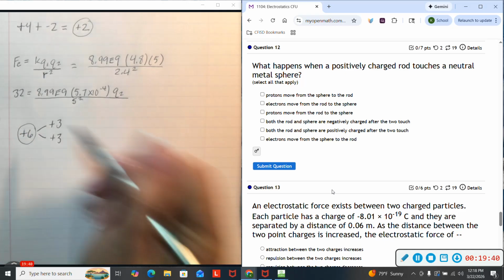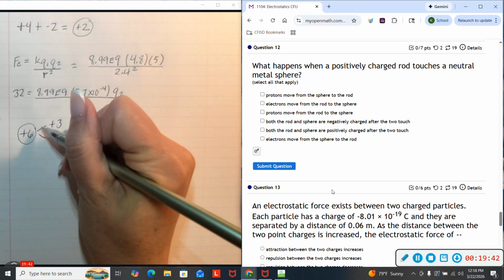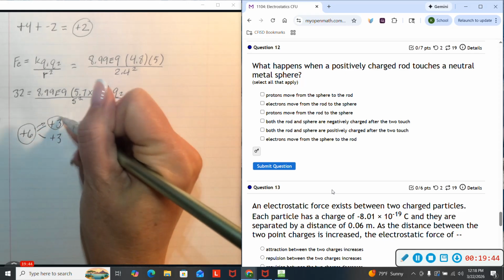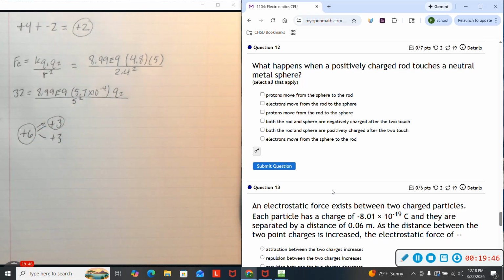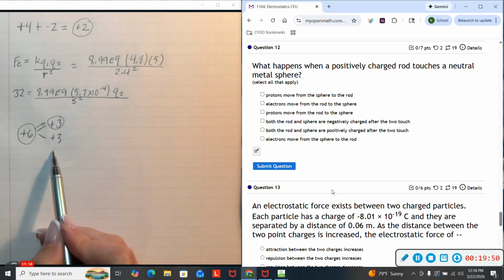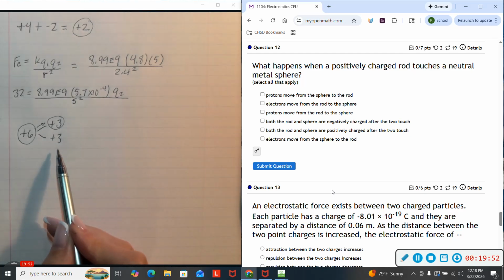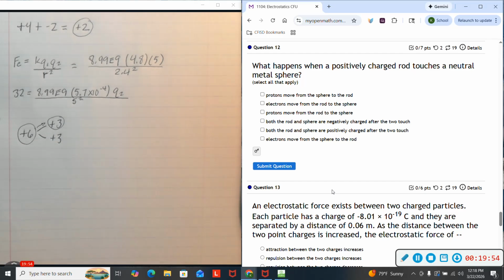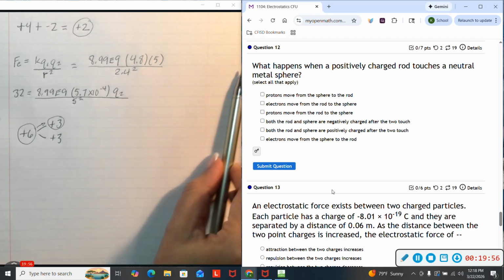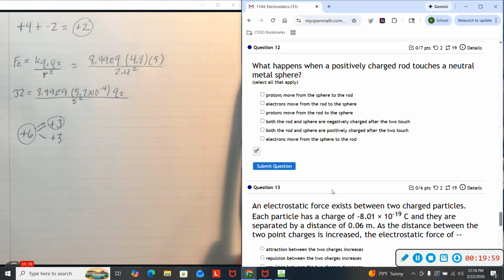That object that initially had a positive 6 charge is going to end up with a positive 3 charge by gaining 3 electrons. And the object that was neutral ends up losing 3 electrons, which is how it obtains its positive charge. Again, you're going to have things transfer from one object to the other until everything reaches equilibrium.